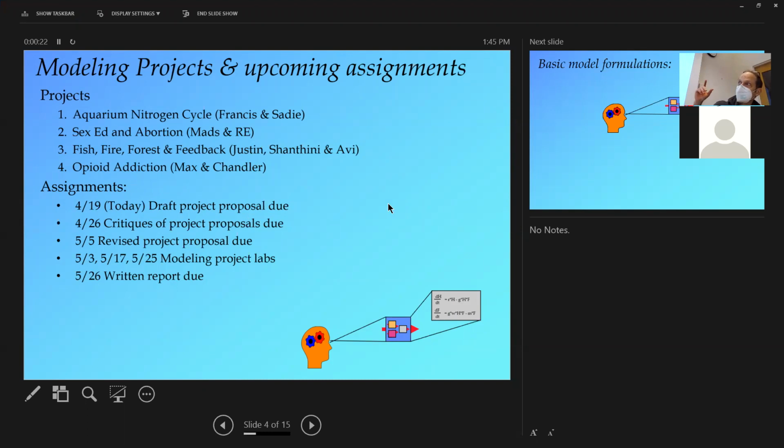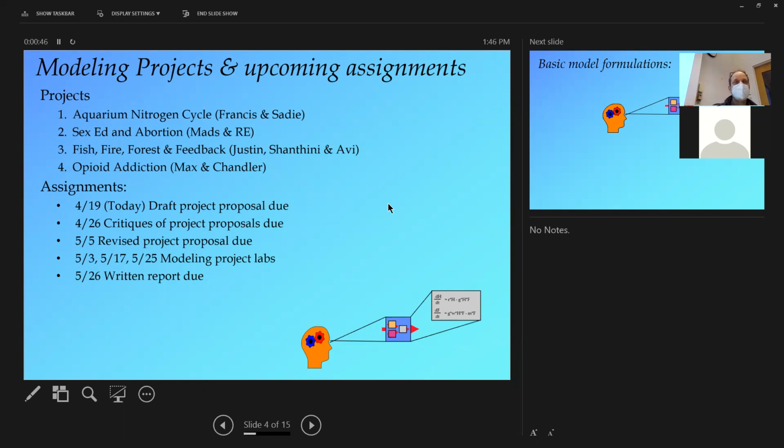We're going to get a chance to spend a little bit of time discussing the project proposals, giving you additional feedback before a final version of your project proposal is due on the 5th. So you're going to get quite a bit of feedback on your modeling proposals.